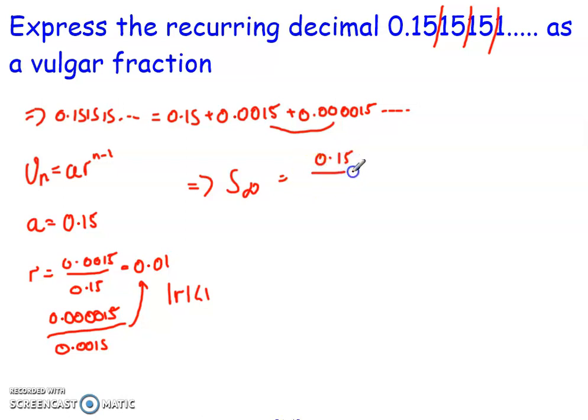My a is 0.15 over 1 take away my r, 0.01. If you plug all that together, what you end up finding is you get 5 over 33. So the sum to infinity of that would be 5 over 33. If you fire that in a calculator, that number there is what you'd get. Just a couple of examples of how we can use this and the kind of applications we need to think of.